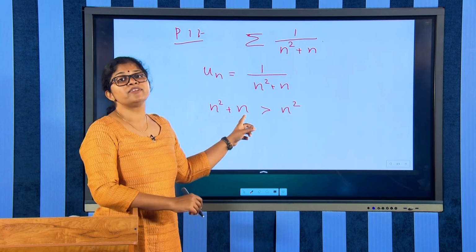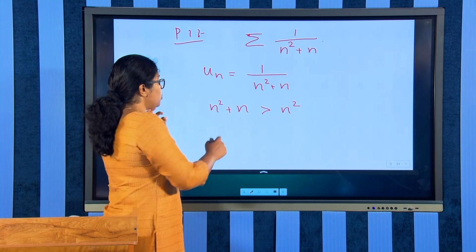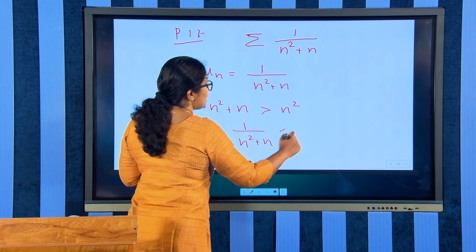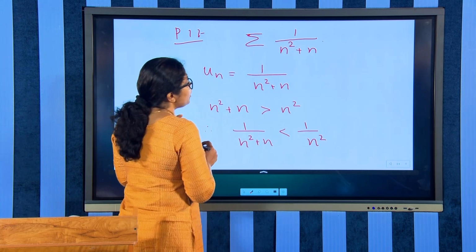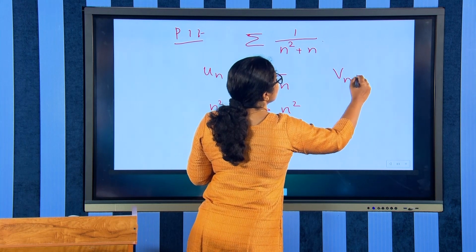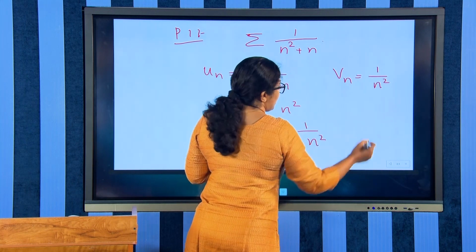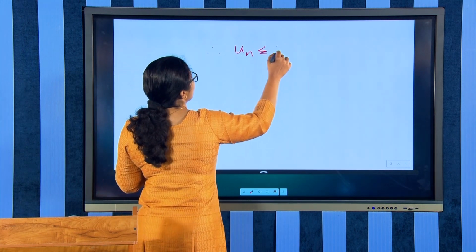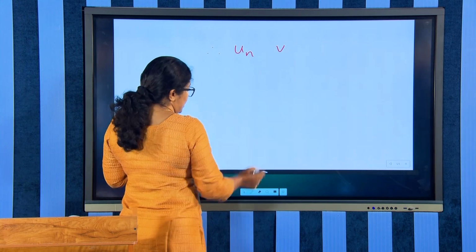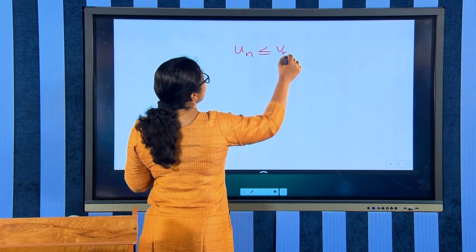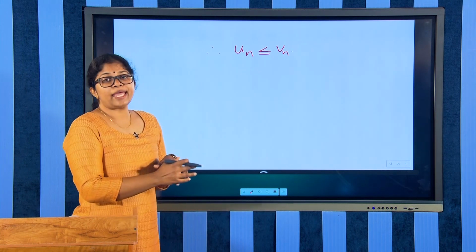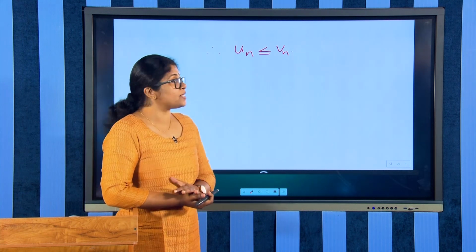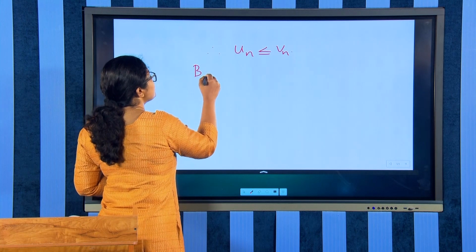So, 1 upon n square plus n is obviously less than 1 upon n square, and therefore, you can take your Vn to be 1 upon n square, so that un is less than or equal to Vn. So, you have obtained un less than or equal to Vn, and you can apply the direct comparison test.